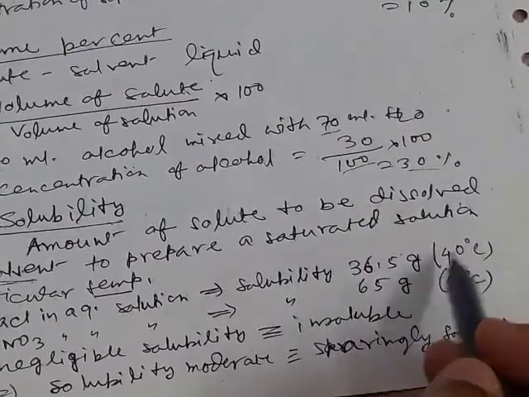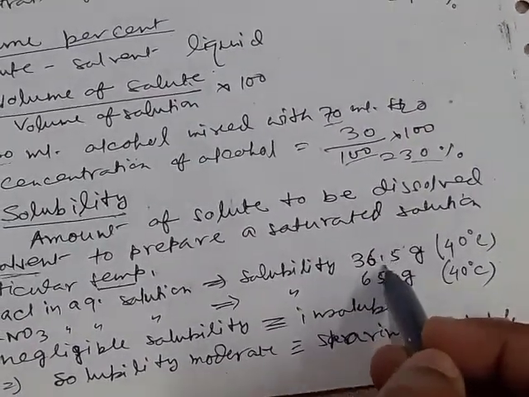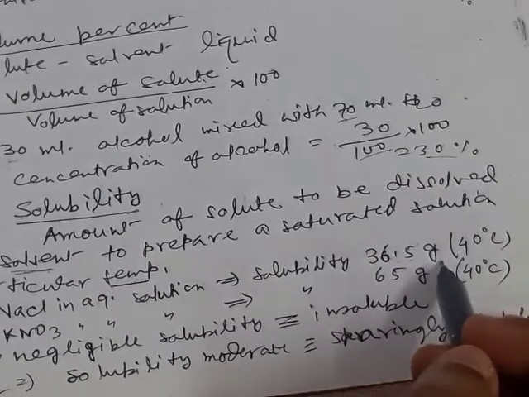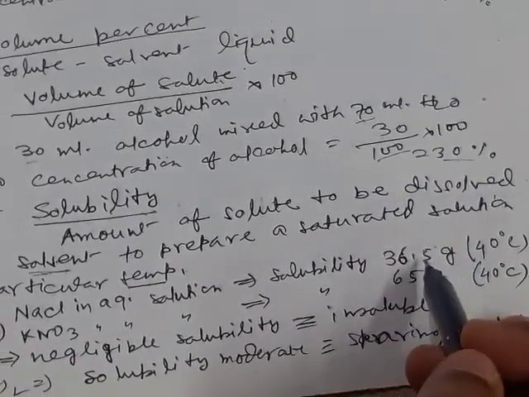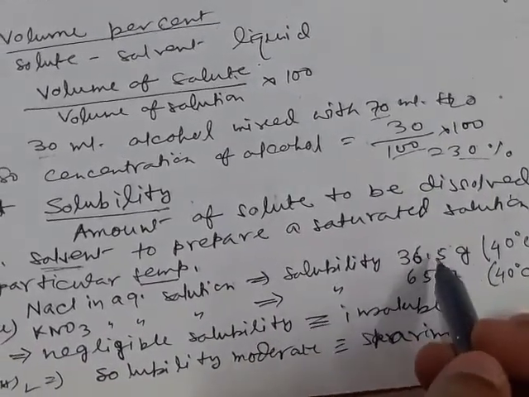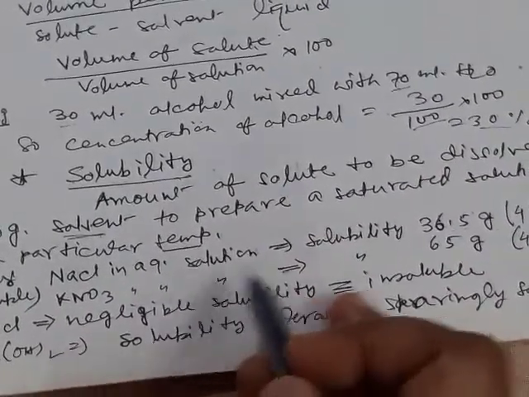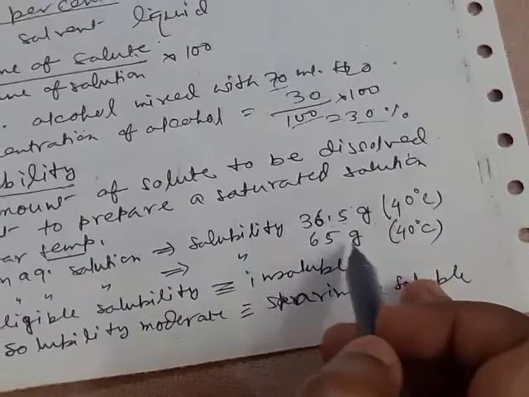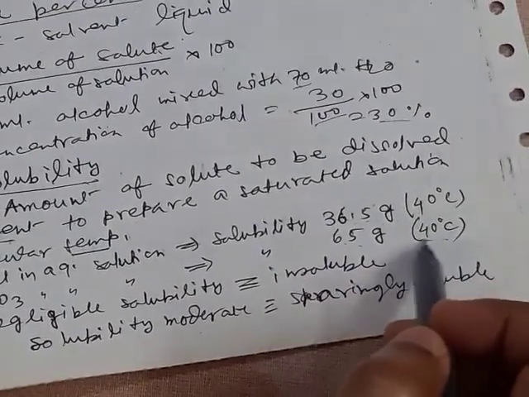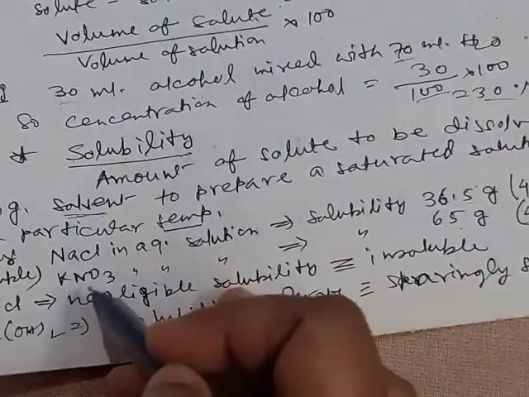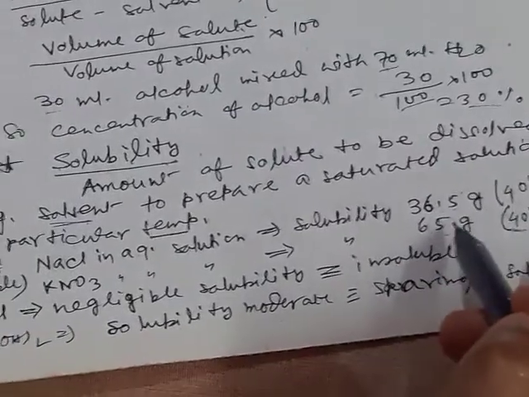That means at 40 degree, 36.5 gram NaCl is to be added in 100 gram water to prepare a saturated solution. Similarly, potassium nitrate in aqueous solution has a solubility of 65 gram at the same temperature. So both these salts have different solubility.